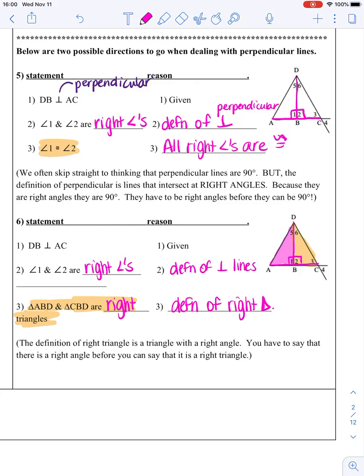So remember, the definition of perpendicular is lines that intersect at right angles, which means that they are 90 degrees. The definition of a right triangle is a triangle that has a right angle in it. So since it has, we have to say that it has a right angle, and then we can say that it's a right triangle.